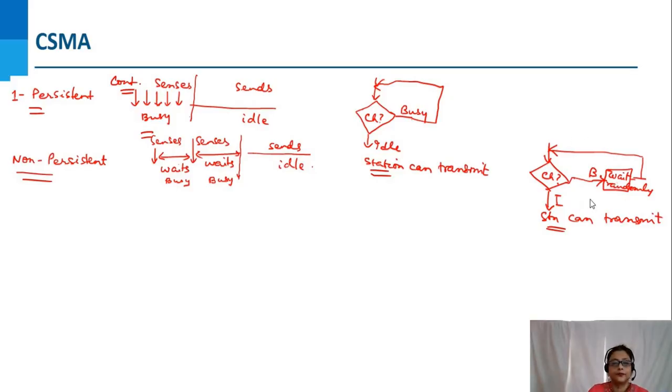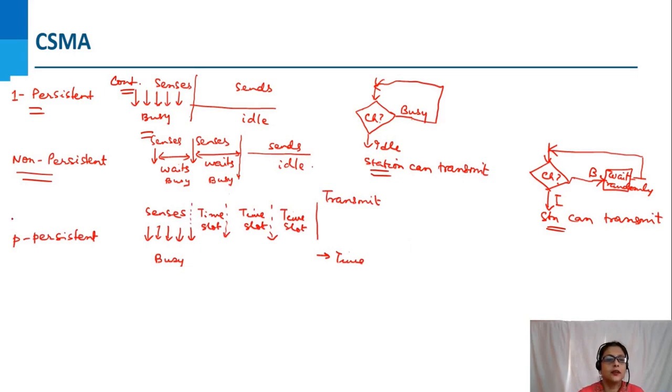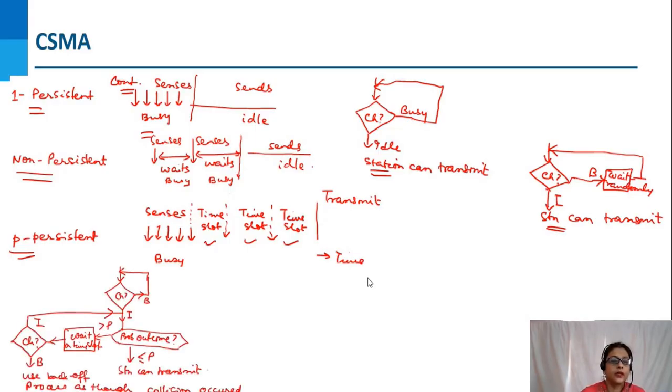Next is the P persistent or propagation persistent. The line is sensed, and when it is busy, it divides the time slot after sending into several time slots. And then when it is over, it can transmit. Let's look at the flow diagram.